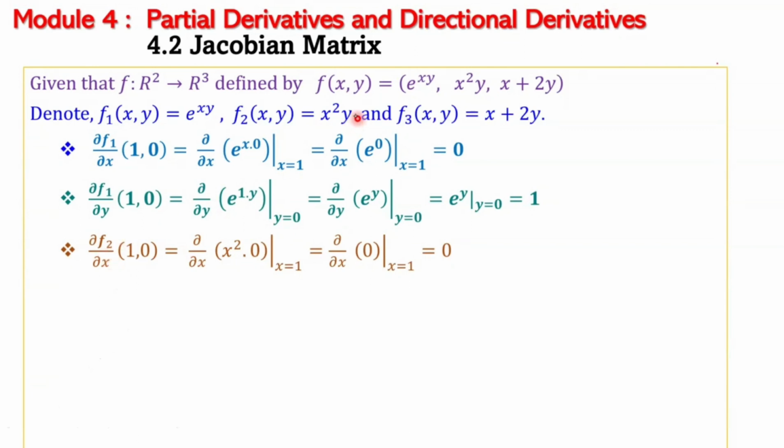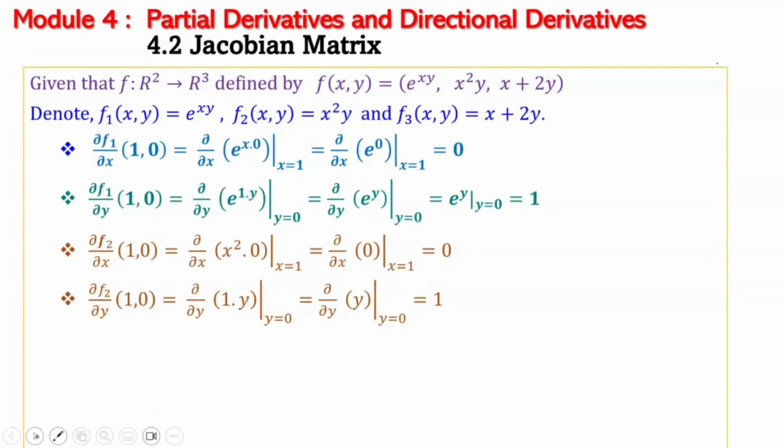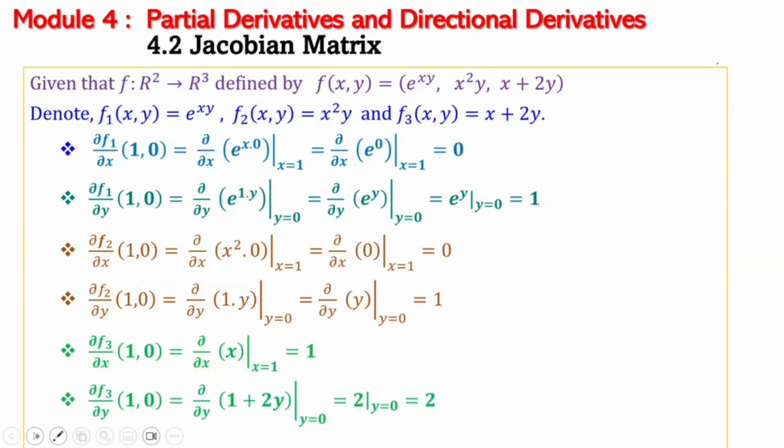We continue with f2. For f2 with respect to x at (1, 0), y equals 0, so it becomes 0 and the derivative is 0. In the same way, f2 with respect to y: we put x equal to 1 and keep y as it is, so at y equals 0 the partial derivative is 1. Our last one is easy: f3 with respect to x at (1, 0) is the derivative of x, which is 1.